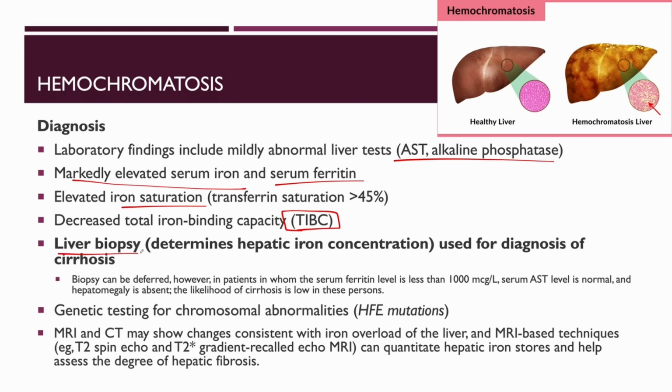Liver biopsy is going to be the diagnostic test of choice to diagnose. You also, once you make the diagnosis, want to confirm testing for HFE mutations, and plus or minus MRIs and CTs that can show changes over time.